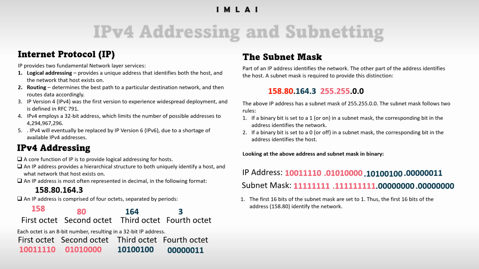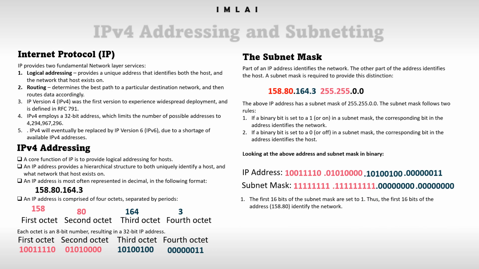Thus the first 16 bits of the address 158.80, the first 2 octets, identify the network. The last 16 bits of the subnet mask are set to 0. Thus the last 16 bits of the address, that is the third and fourth octets of the IPv4 address, 164.3, identify the unique host on the network.